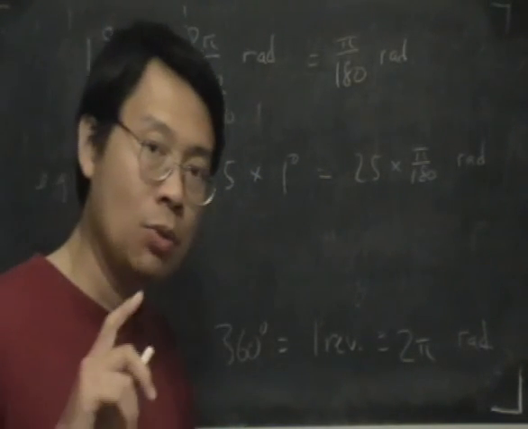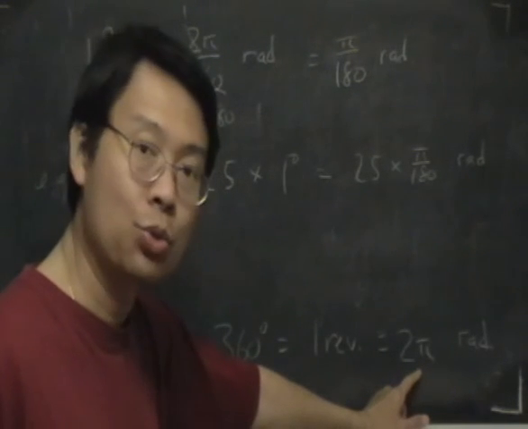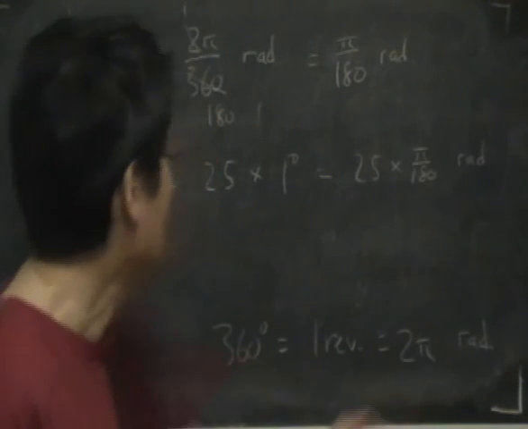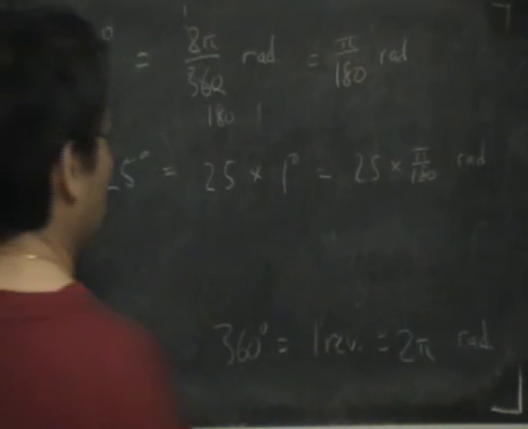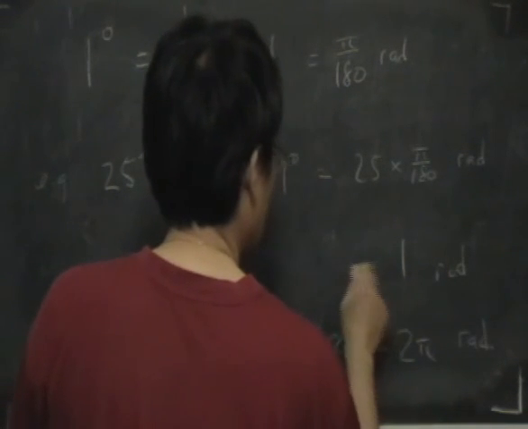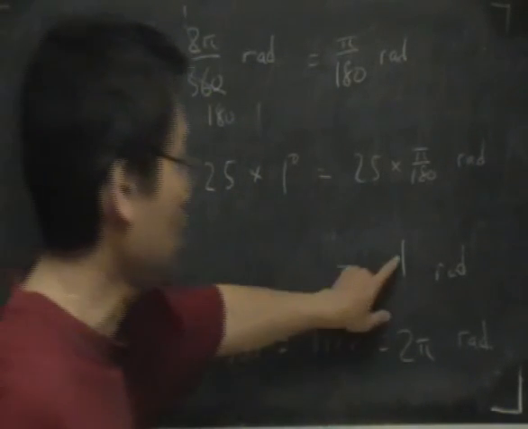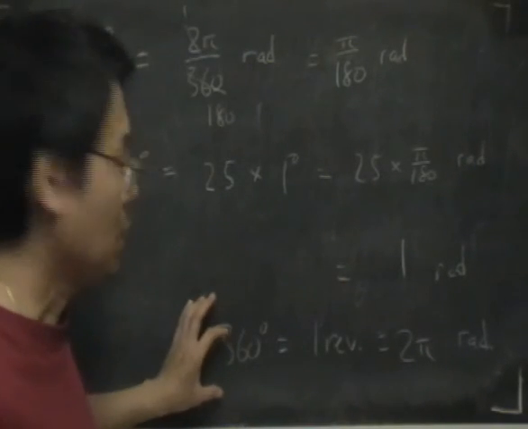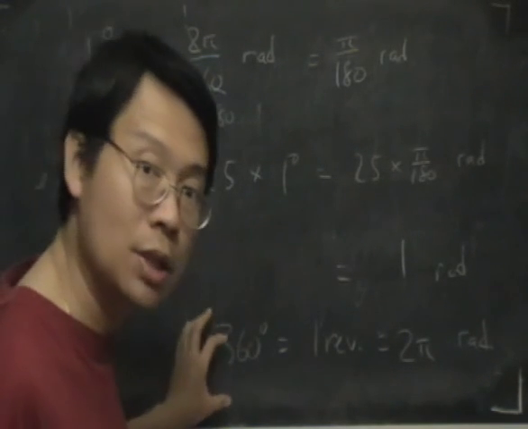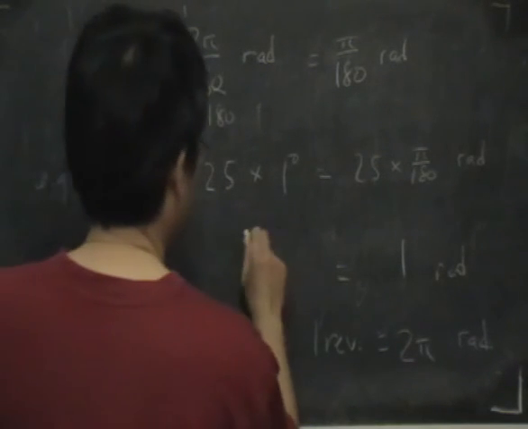So if I want 1 radian, I can divide this side by 2 pi. So 2 pi over 2 pi is 1 radian. Then on the other side, I need to divide by 2 pi as well, so that they are still equal. So on the other side, we have 360 divided by 2 pi.